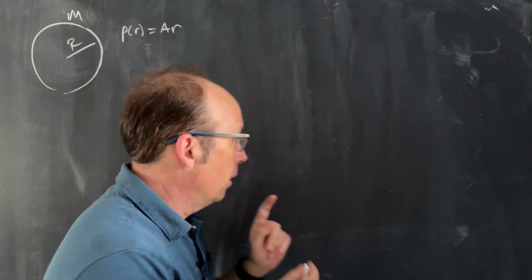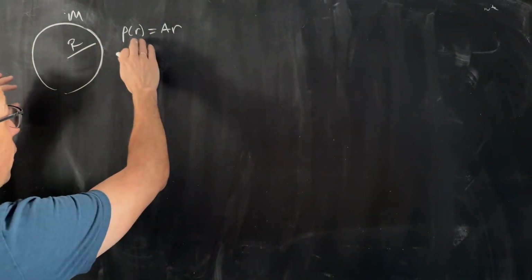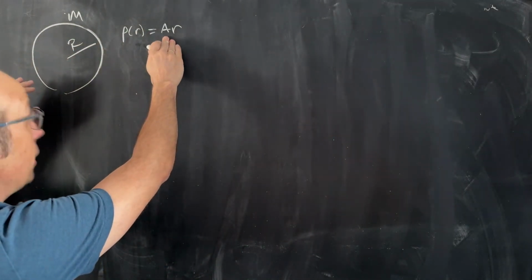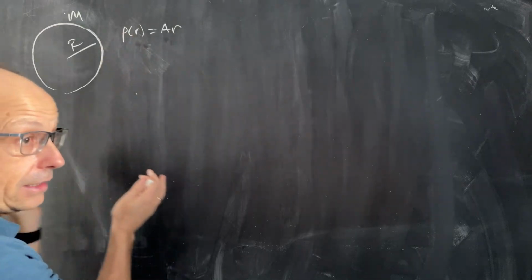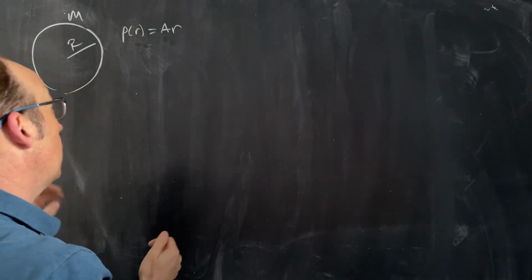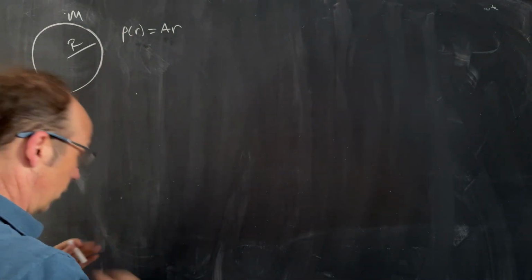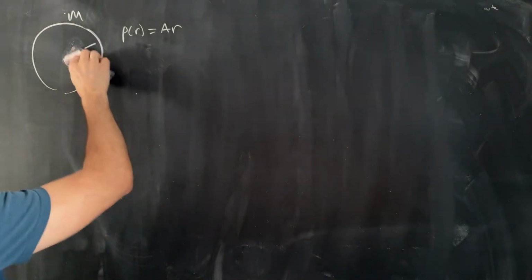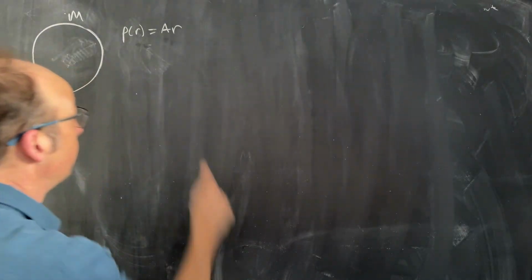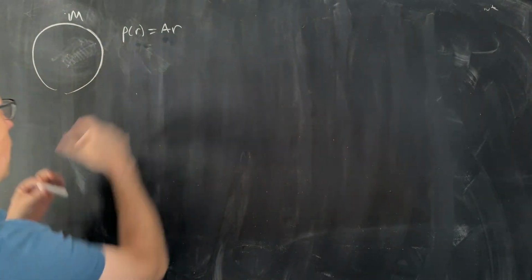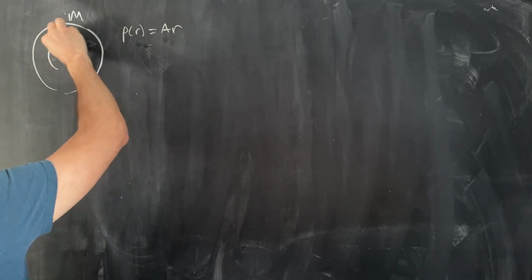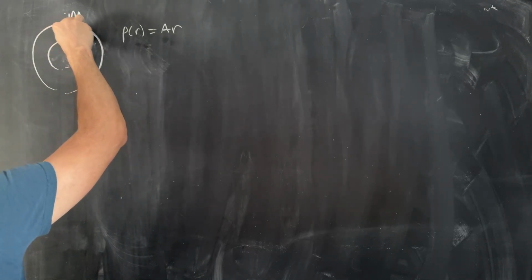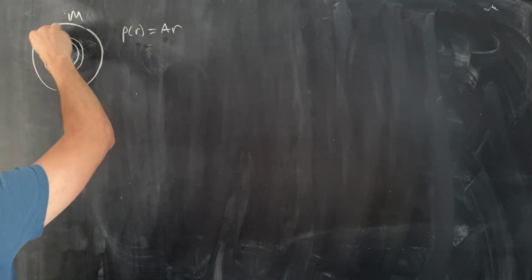Okay. So I want to find the value of a in this density function such that the total mass is M. Well, there's a trick I can use here. Since the density only depends on r, I can integrate by breaking this into tiny little shells.